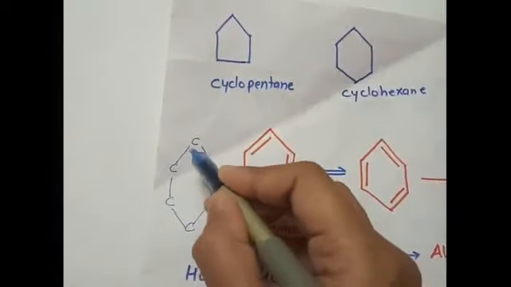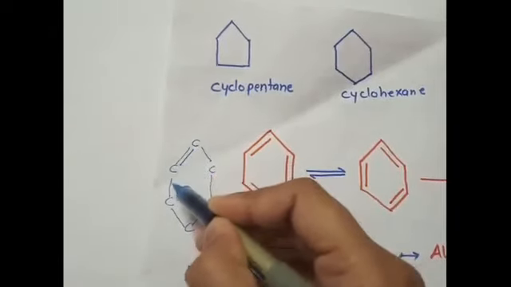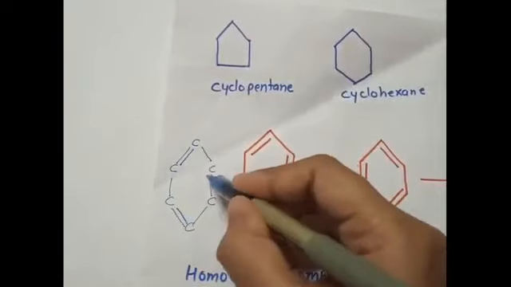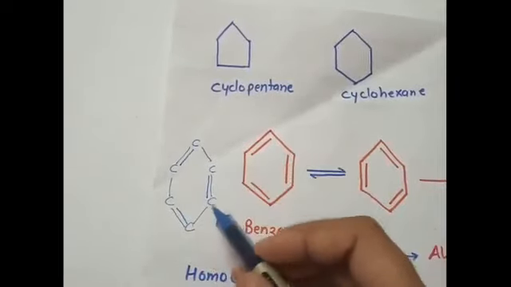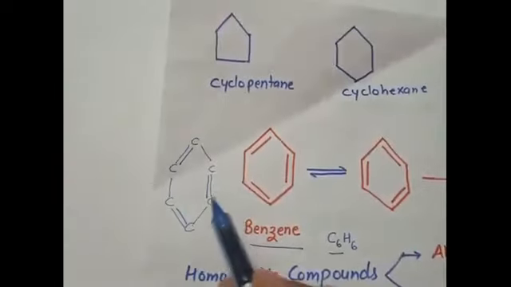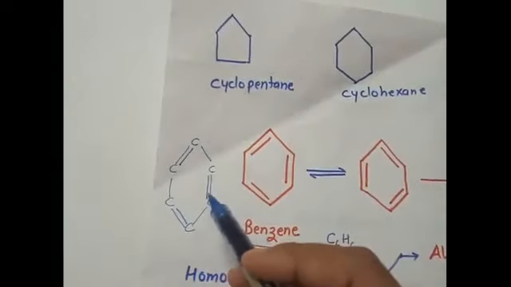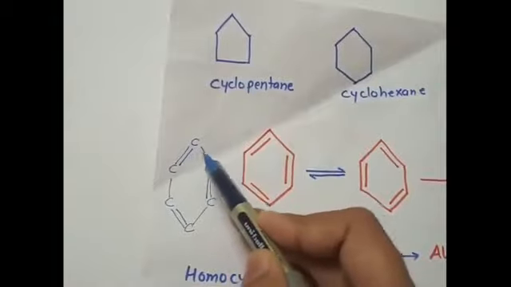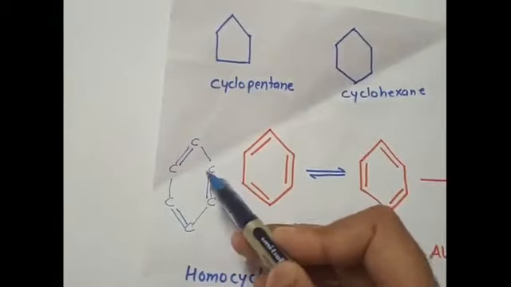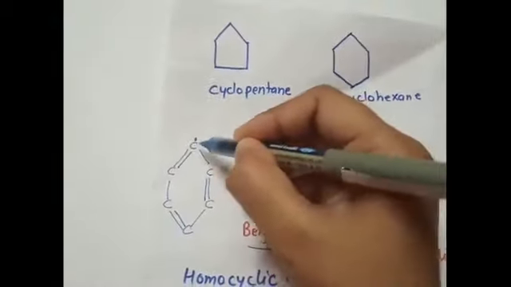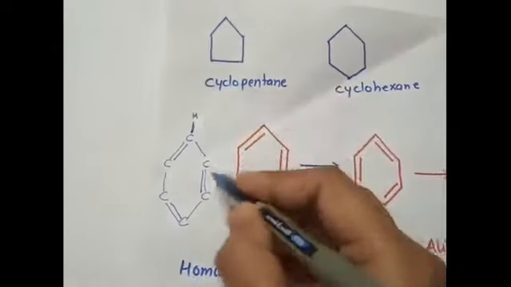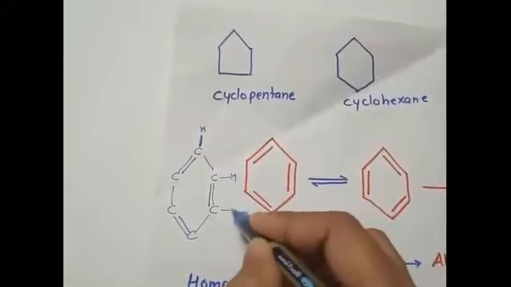So if you start making double bonds from here, then leave one place and make a double bond here, then leave this place and make a double bond here. Now, as each carbon atom has 4 valence electrons, 3 valence electrons are now involved in covalent bonding using the carbon atoms. Only one is left, so that we will fulfill with the help of hydrogen.